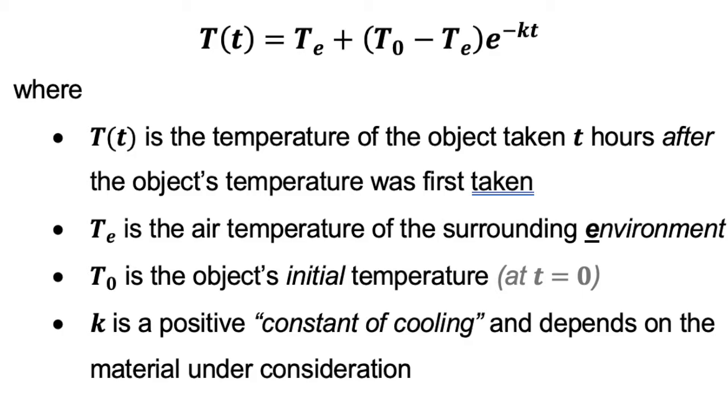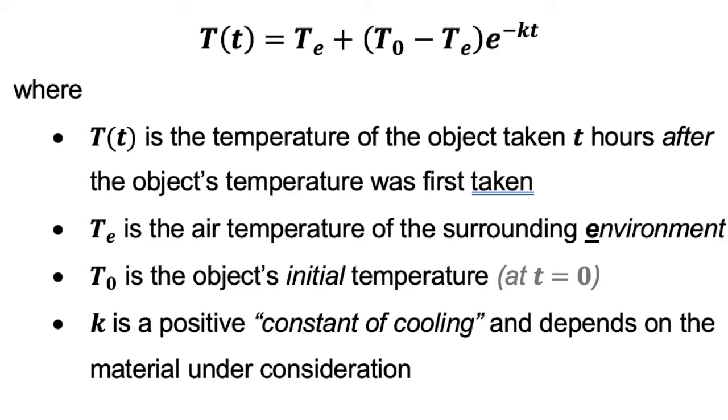First was Newton's law of cooling. We have the formula, where T is the temperature of the object taken t hours after the object's temperature was first taken, TE is the air temperature of the surrounding environment, T0 is the object's initial temperature, and K is the positive constant of cooling that depends on the material under consideration. In this case, it is the victim's body.